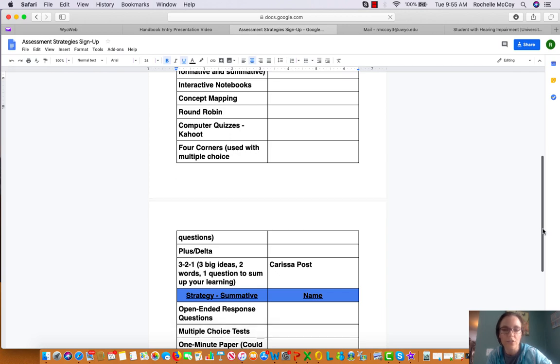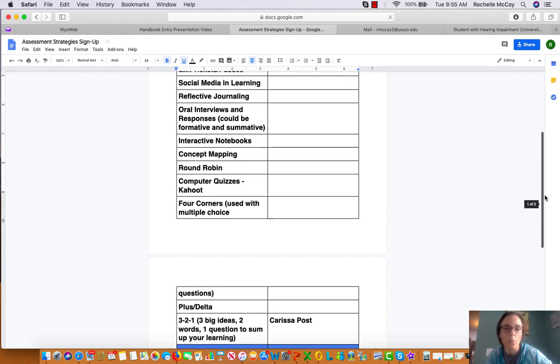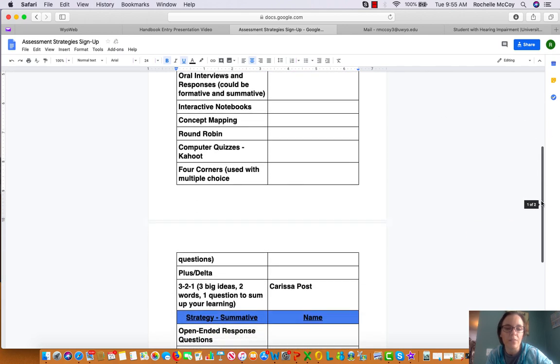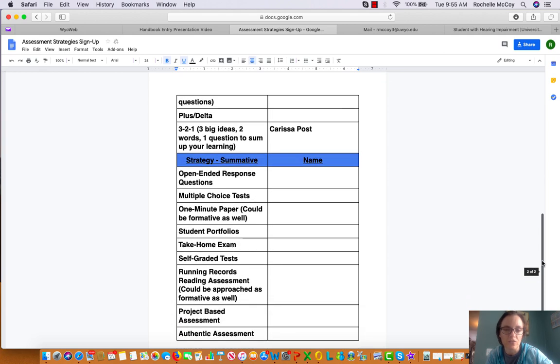So what I want you guys to do is you're going to just pick one. So if you want to do think, pair, share, you would just put your name here. Exit tickets, you'd put your name here. So the top is formative assessments. The bottom are summative assessment strategies.